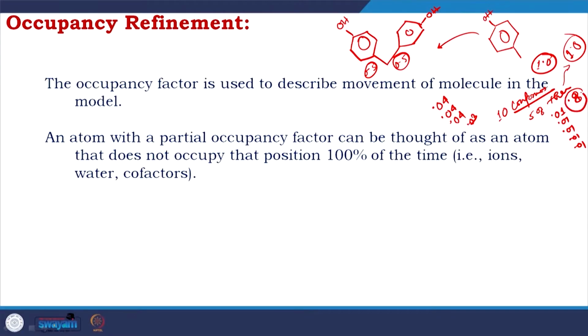But the general trend of the software is to show one conformation as a 100% contributor. I would not say it is a mistake; it is a limitation of the X-ray crystallography process.